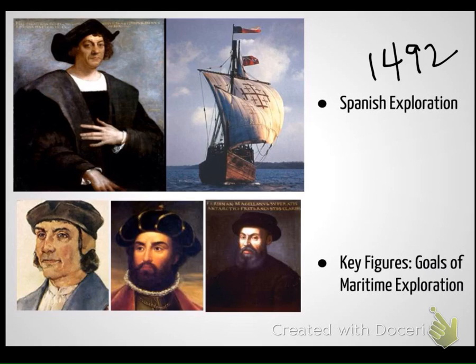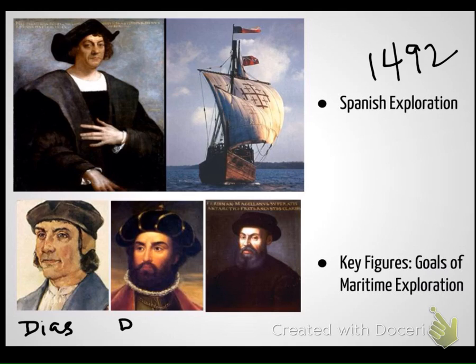In light of knowing that they wanted to reach the Indies, we have three major explorers that do this in different ways. First of all, like Diaz right here, I don't know if I can write all their names. Diaz reaches the tip of South Africa, but does not make it all the way around.